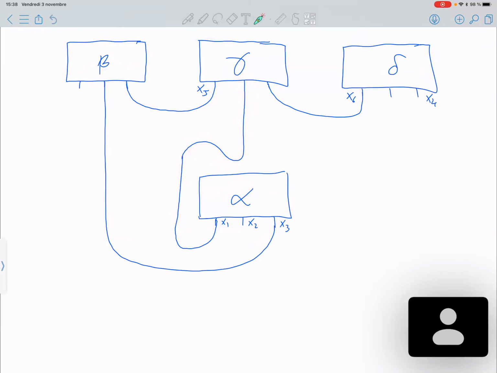So, did I already make a mistake? This is not here. This one. So, co-evaluation map, identity, evaluation map, identity.